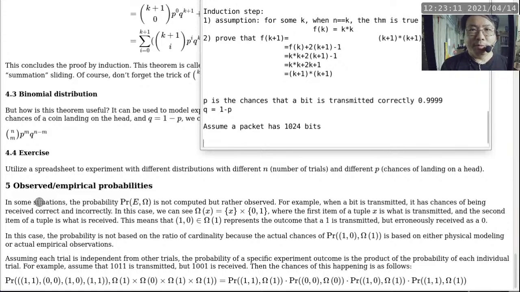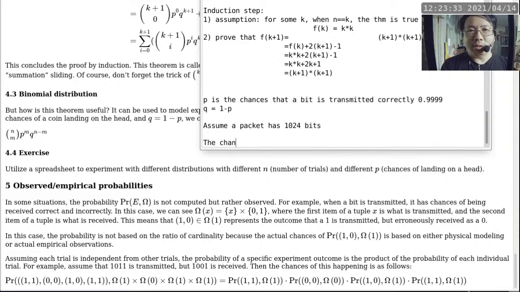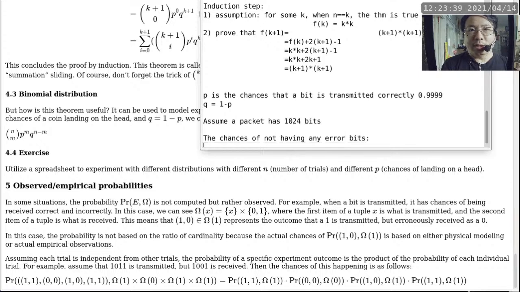So you look at this equation here, and anything other than all 1024 bits transmitted correctly has at least one error bit. So what we want to say is, what are the chances of not having any error bits?